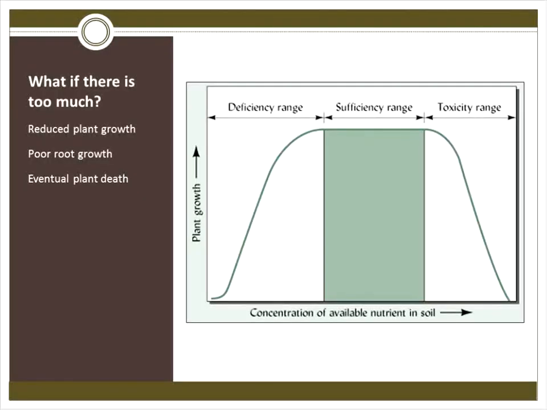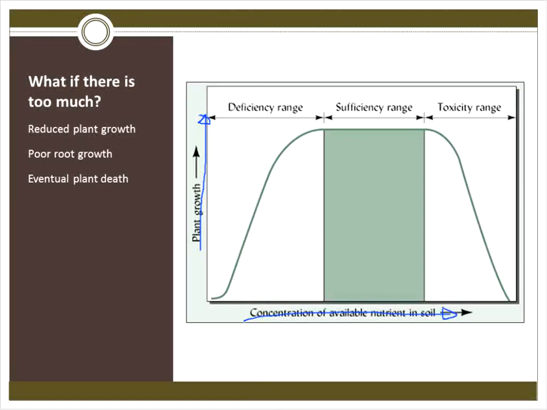So let me explain this toxicity and deficiency a little bit more. We think about plant growth increasing as we go in this direction, and across this way we have increasing concentrations in the soil.